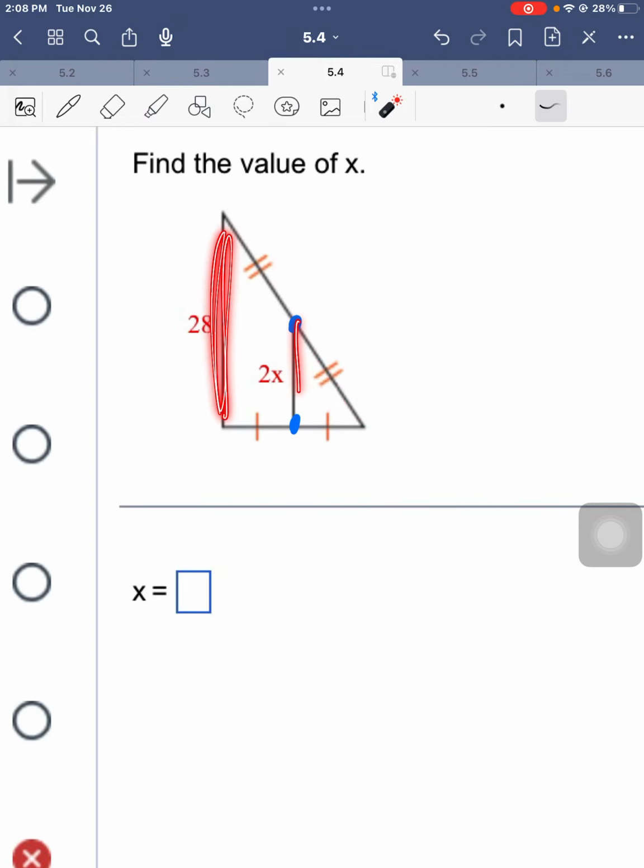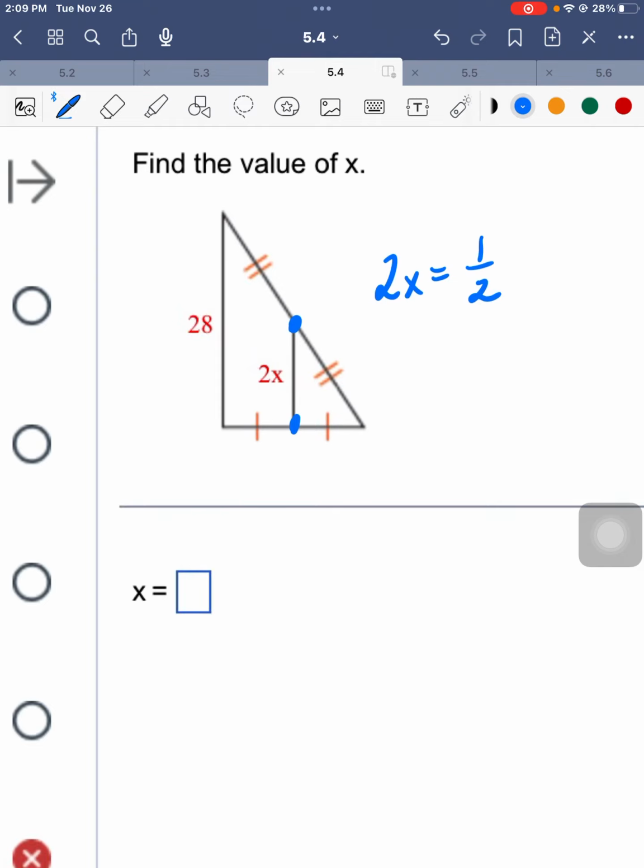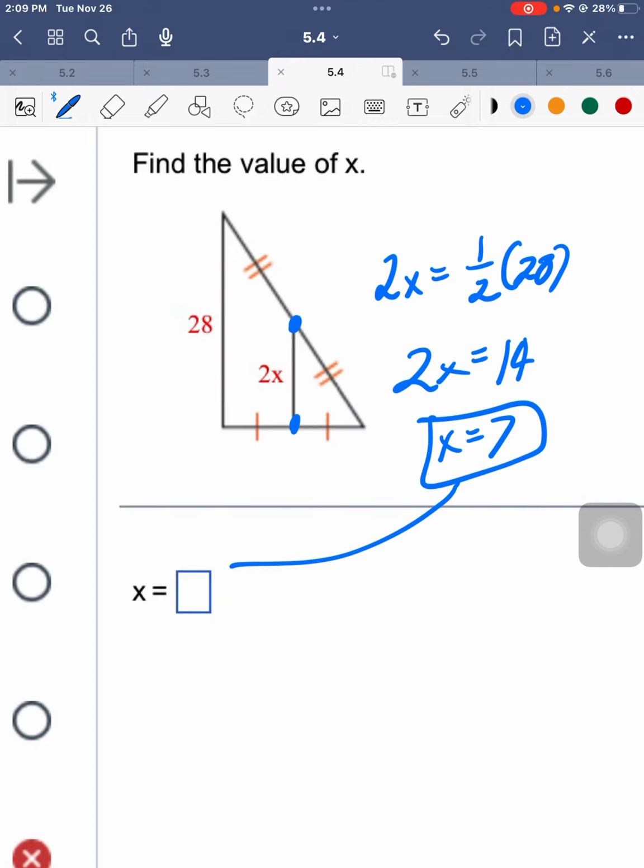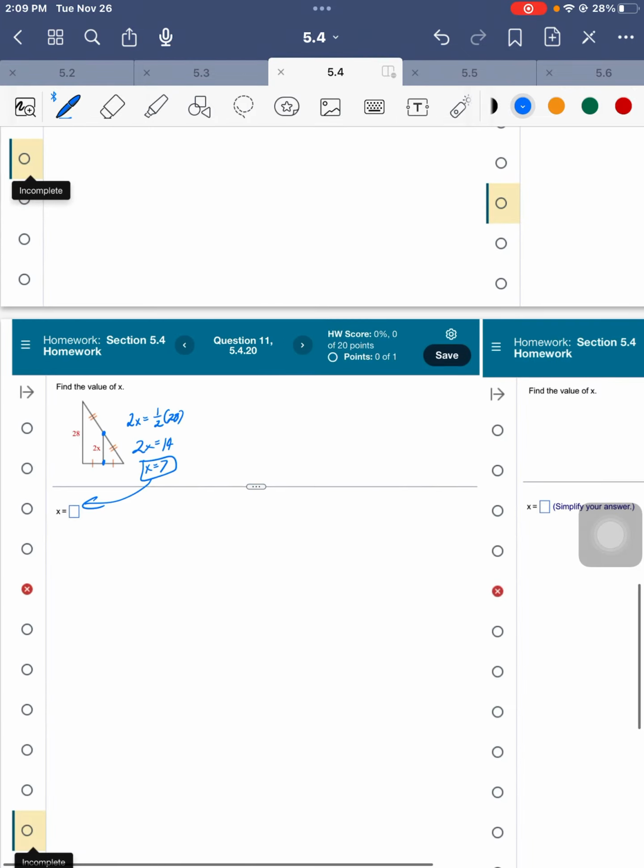The third side that it did not touch, they're parallel, and this is half of this value. So that means 2x is equal to half of 28. So 2x equals, what's half of 28? 14. And now x is equal to 7. And that's your final answer. Okay?